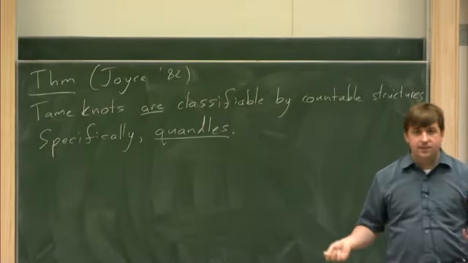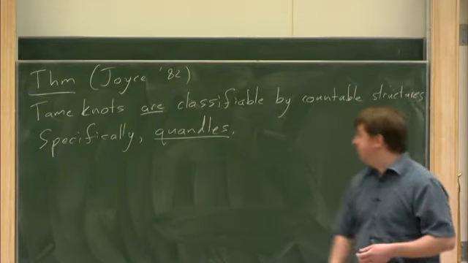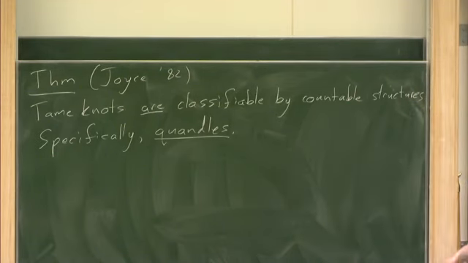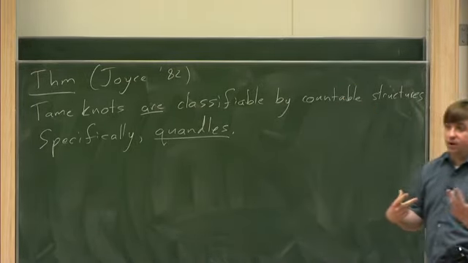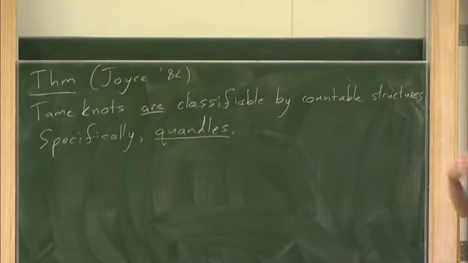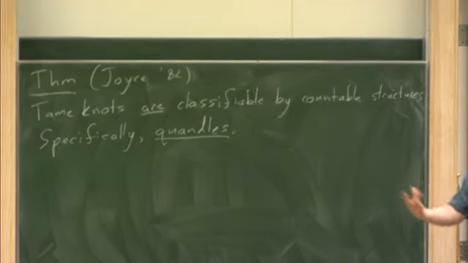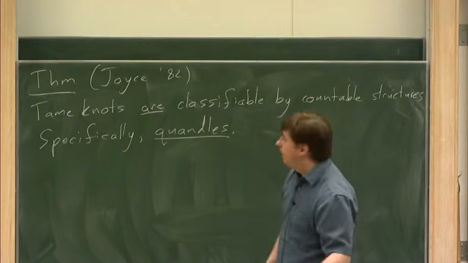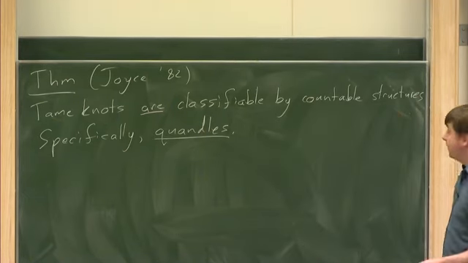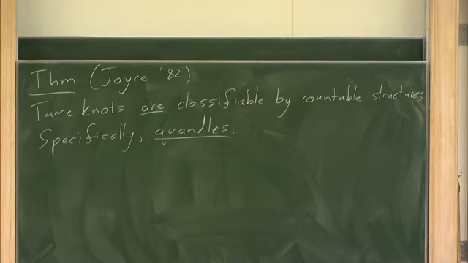Okay, so we've got this class of objects, the quandles, algebraic objects. I'll tell you in just a moment what they are. There's a way of associating a quandle to any tame knot in such a way that if two knots are equivalent, then the corresponding quandles are isomorphic. Also the converse, yes, it's a complete invariant.